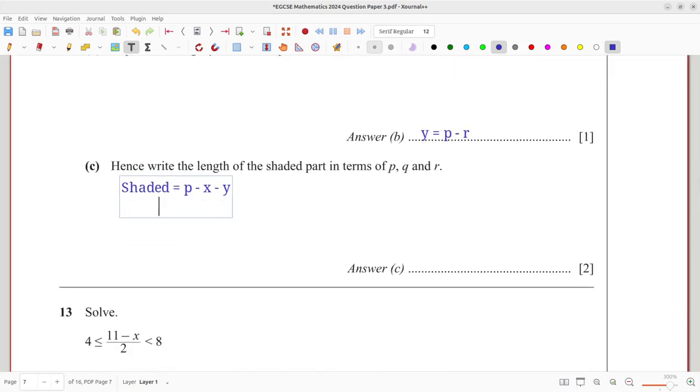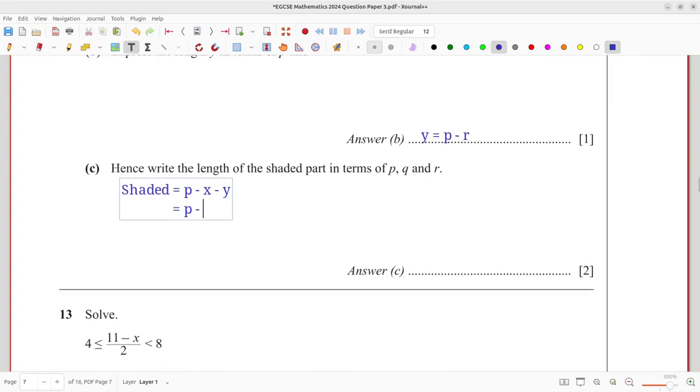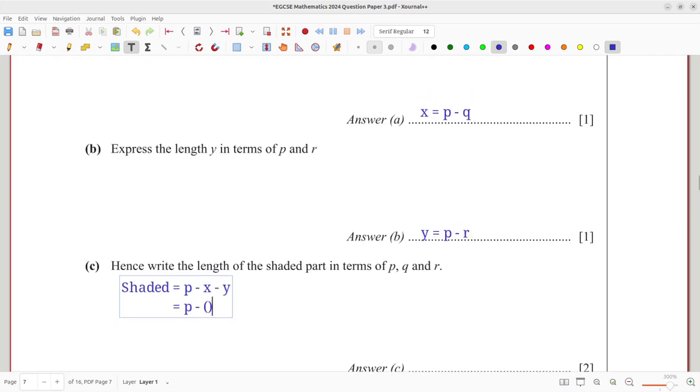And then this is going to be equal to p minus, what is x? My x is p minus q. Then my y is p minus r. So this in turn gives me p minus p plus q minus p plus r.